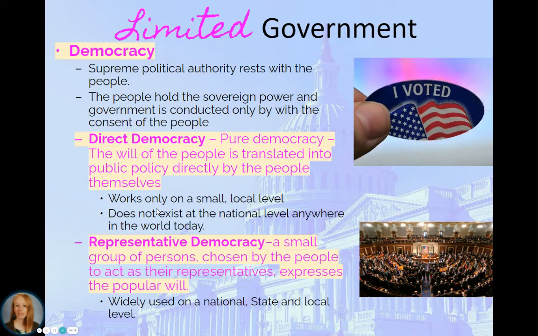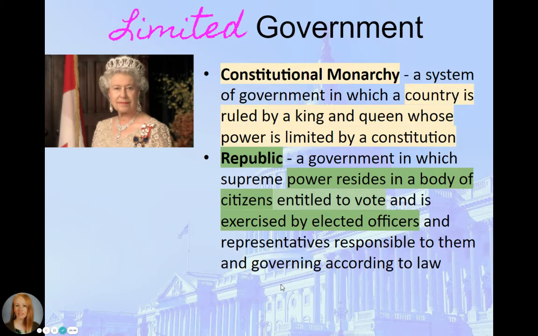What's more popular on a national level is representative democracy, where a small group of people are chosen by the people to act as representatives to express their popular will. So, for example, us electing senators and those going into the House of Representatives to vote on our behalf. Now, this is used widely on national, state, and local levels.